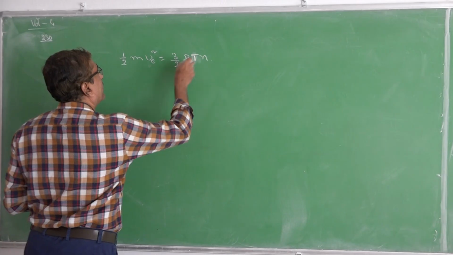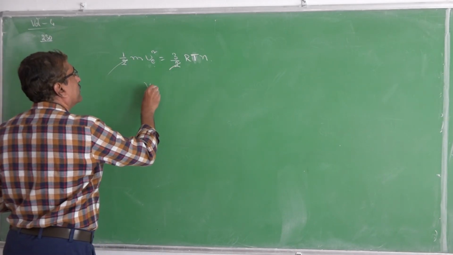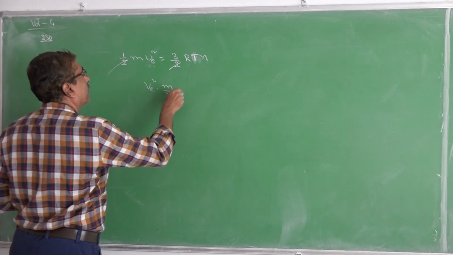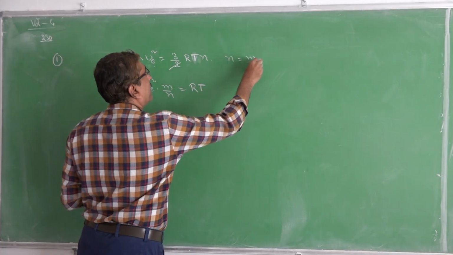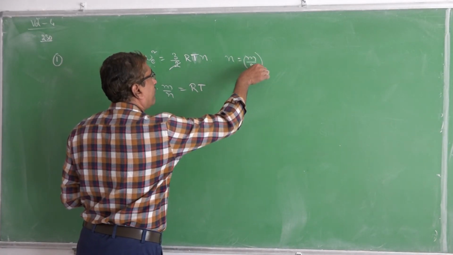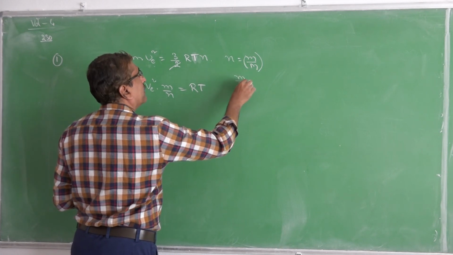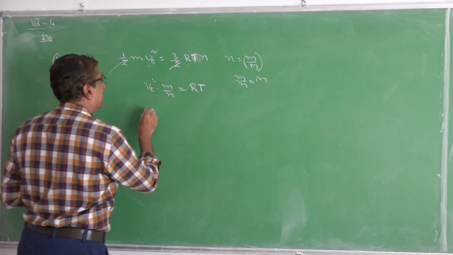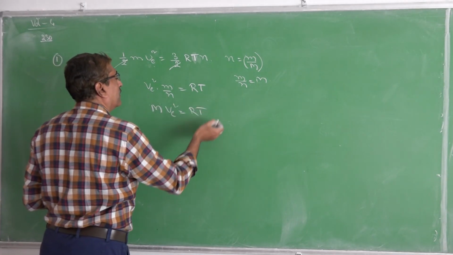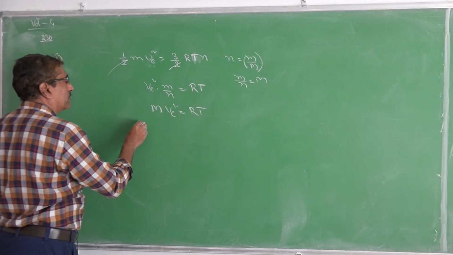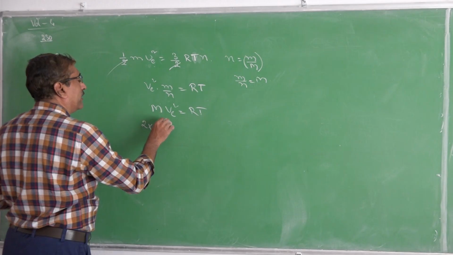So nRT, okay. So you can calculate. So VE square into small m by n equal to RT. But as we know, number of moles equal to mass by molecular weight. So from this relation, m by n is equal to molecular weight. So we can replace it by capital M VE square equal to RT. So calculate T. Molecular weight is 2 for hydrogen, actually it is 2 gram.